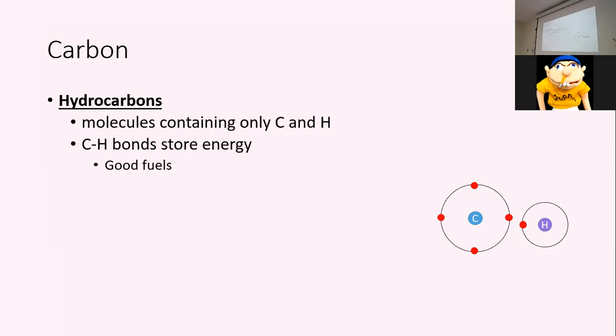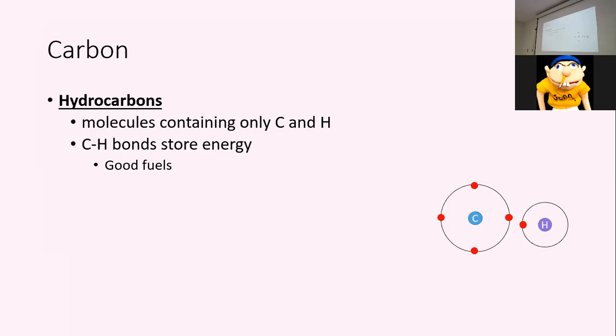Now, we briefly mentioned organic molecules. These are molecules with carbon-hydrogen bonds. Some molecules only contain carbon and hydrogen, and they are, quite logically, called hydrocarbons. So a molecule that only contains carbon and hydrogen is a hydrocarbon. Now, CH bonds, carbon bonded to hydrogen, those covalent bonds store energy.